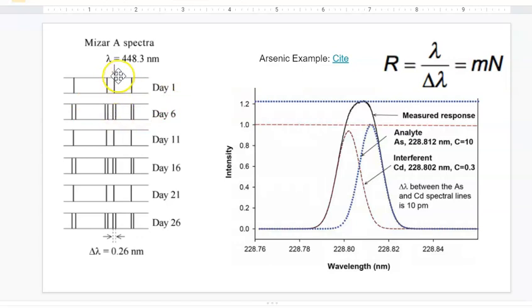This line right here at 448.3 nanometers, this particular absorption line, separates and comes back together because the two stars are orbiting each other. When one of the stars is coming towards you, it blue shifts a little bit. And when the other star is going away from you, it red shifts a little bit. So this one line is really coming from two stars, but you can tell them apart when one star is coming towards you and the other away.